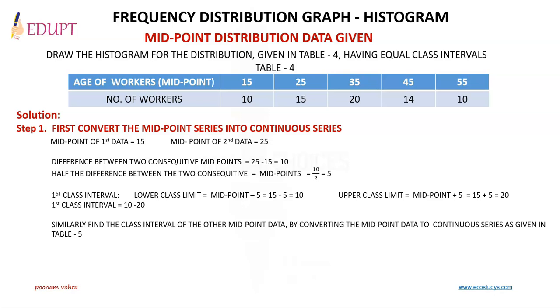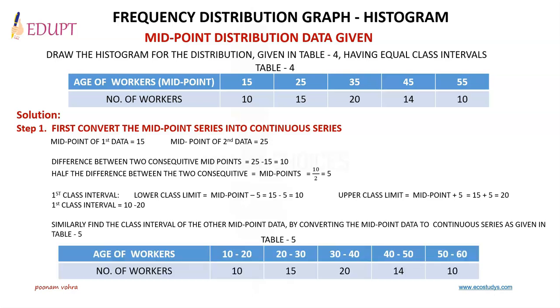Similarly, one can find the class interval of other midpoint data by converting the midpoint data to continuous series as given in the next table. So class intervals become 10 to 20, 20 to 30, 30 to 40, 40 to 50 and 50 to 60. Number of workers as given.